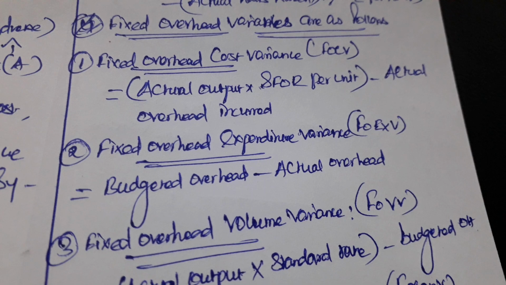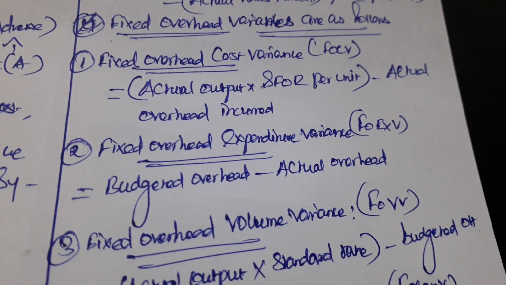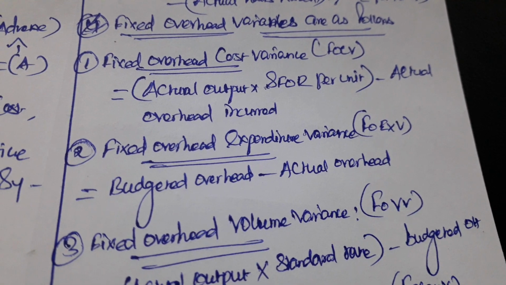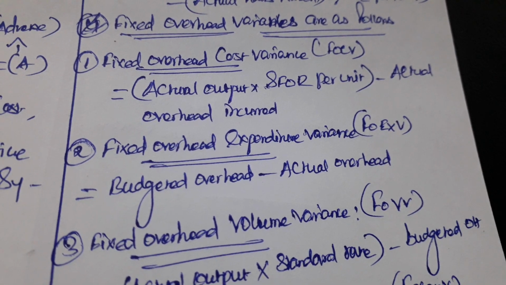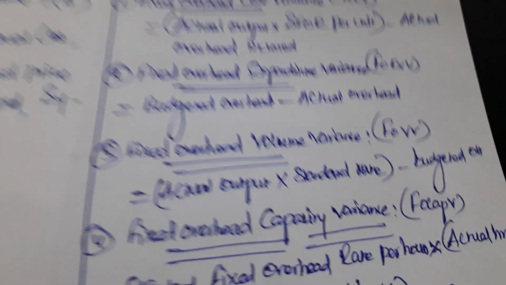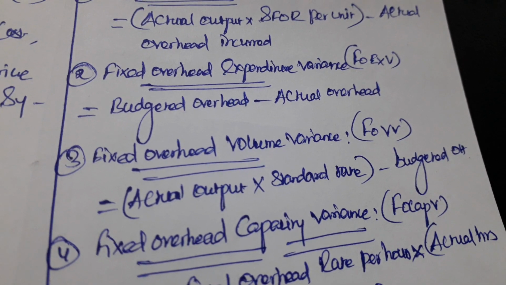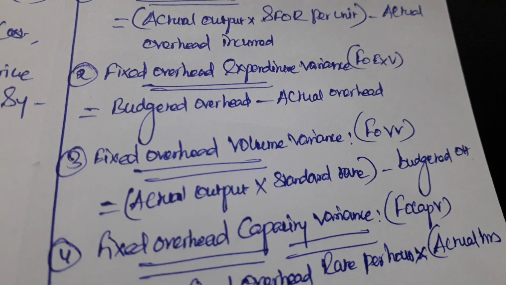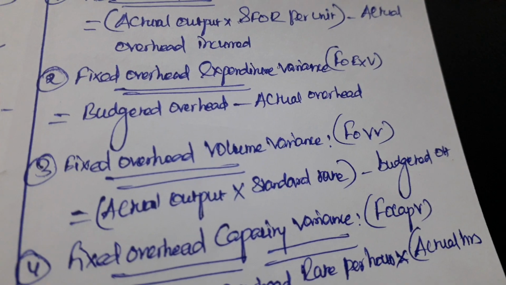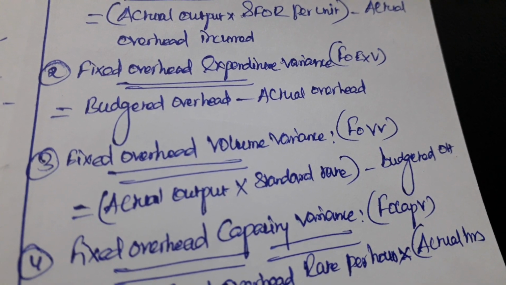The second type is the fixed overhead expenditure variance: budgeted overhead minus actual overhead. That is the fixed overhead volume variance: actual output into standard rate minus the budgeted overhead.